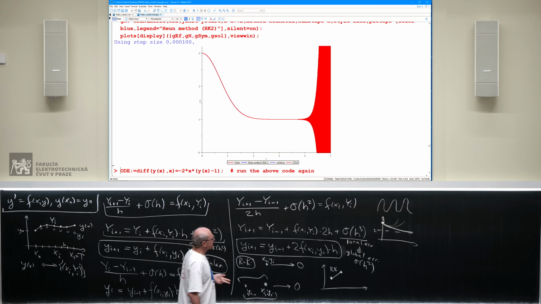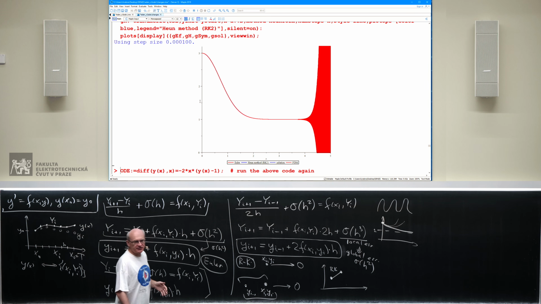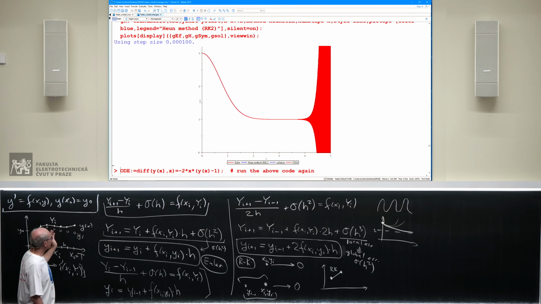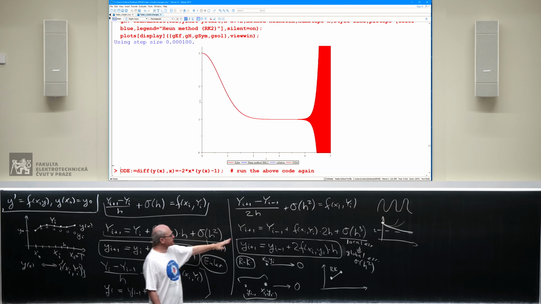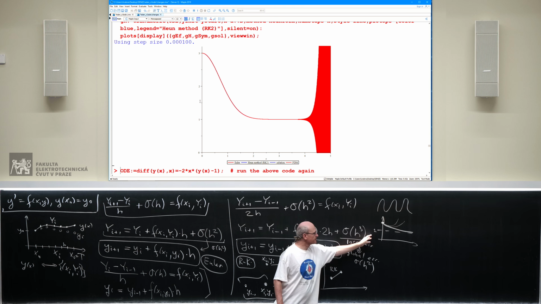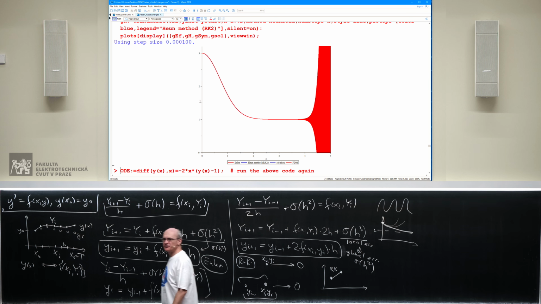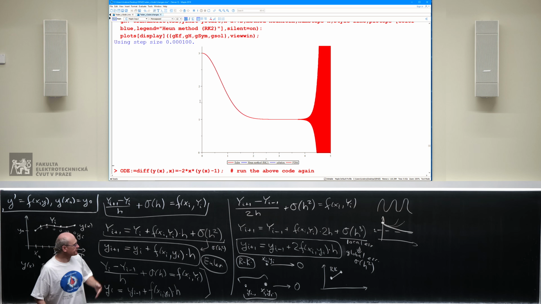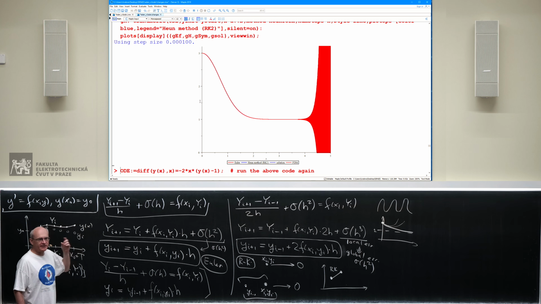Another reason why I'm showing this is that the idea of discretization itself is very, very powerful. It did not quite work out for those simple initial value problems, but it really comes to its own when we pass to differential equations of higher order, or when we pass to partial differential equations with partial derivatives.